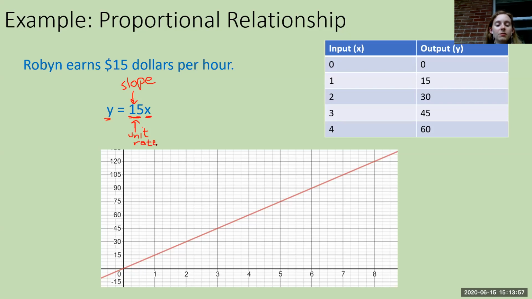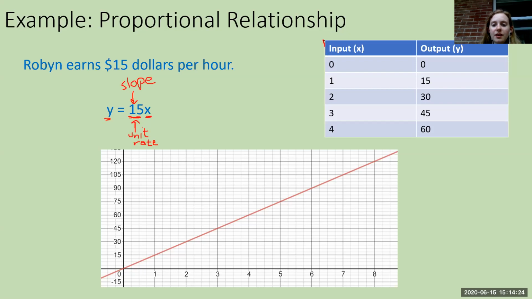So when we say something like $15 per hour, we're saying $15 per 1 hour. That's what a unit rate is. It's a comparison to 1. So in this relationship, the slope, or the rate of change, or the unit rate, or the constant of proportionality, is $15 per hour, or we could just say 15.